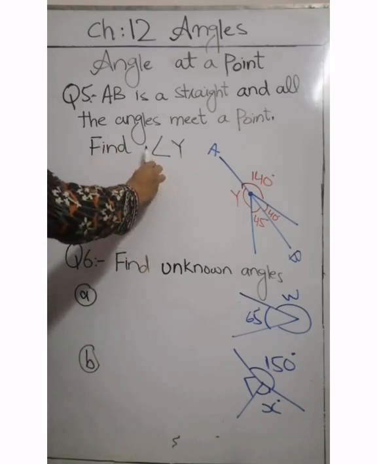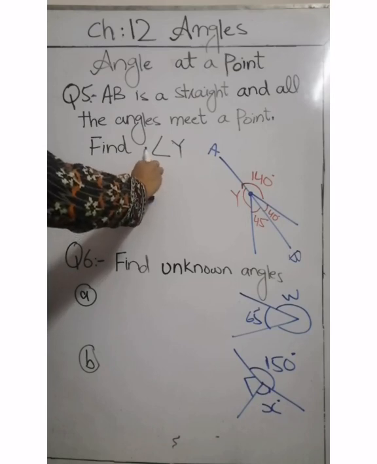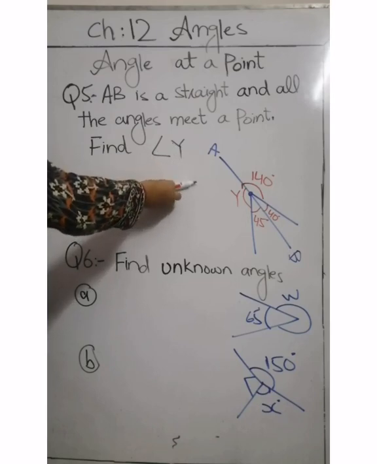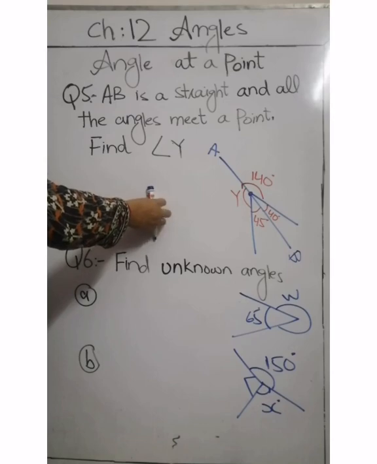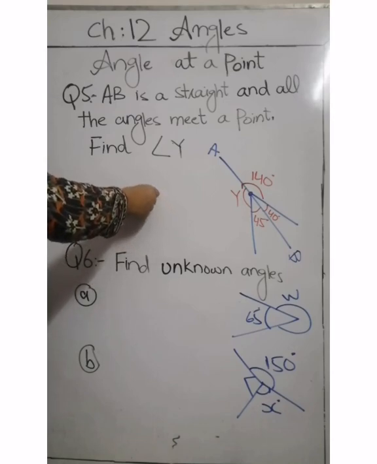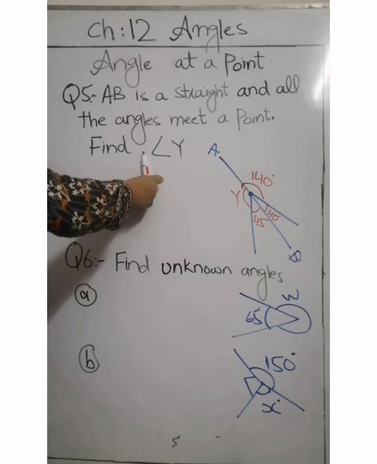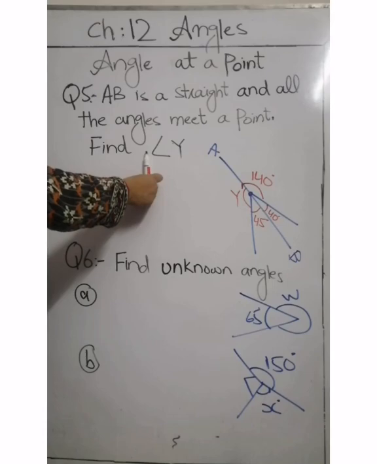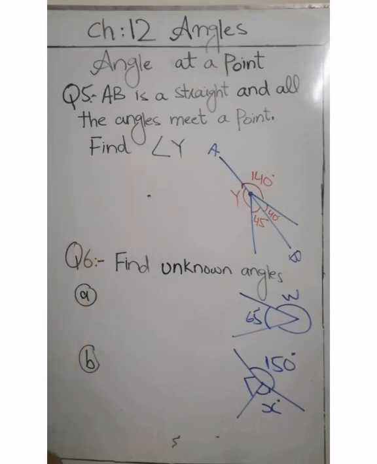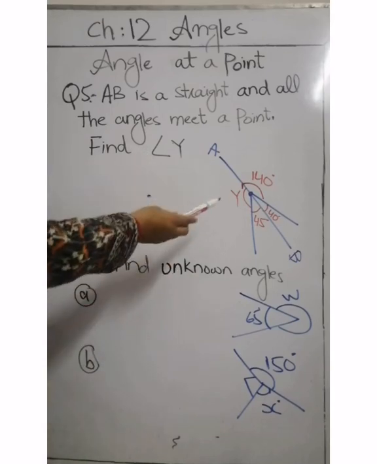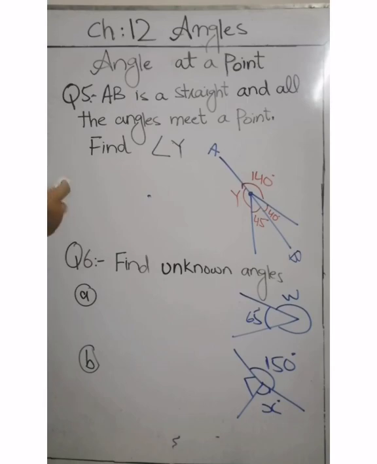We have an angle, and if I turn my marker down, it gives 180 degrees and then comes up. This whole circle makes the angle at a point. So angles at a point add up to 360 degrees.